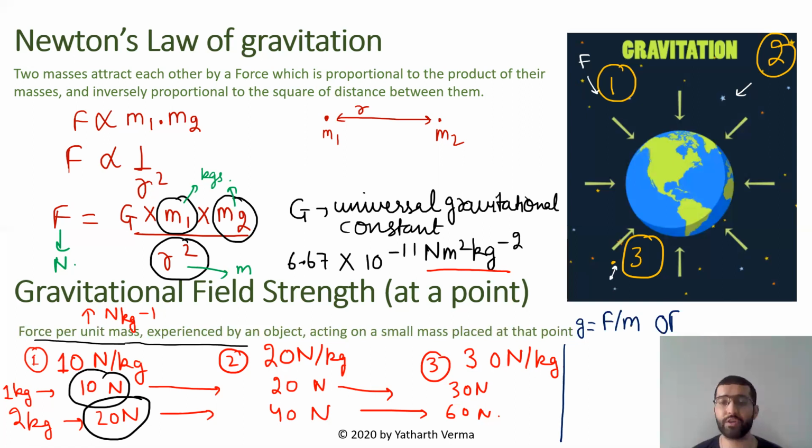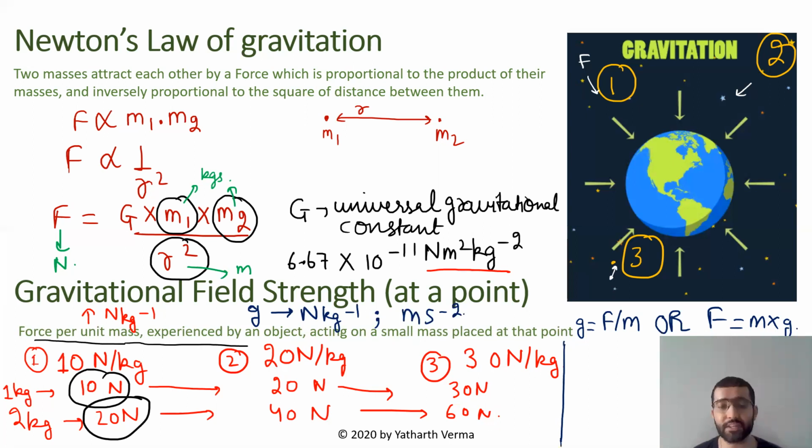Or you can also say force is equal to mass into the gravitational field strength. Small g is the symbol of gravitational field strength. The unit is newton per kg. If you consider the SI base units, it will come out to be meter per second square. We already know the value 9.8 meter per second square.